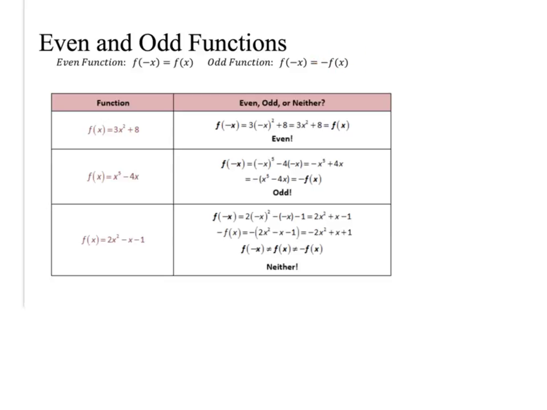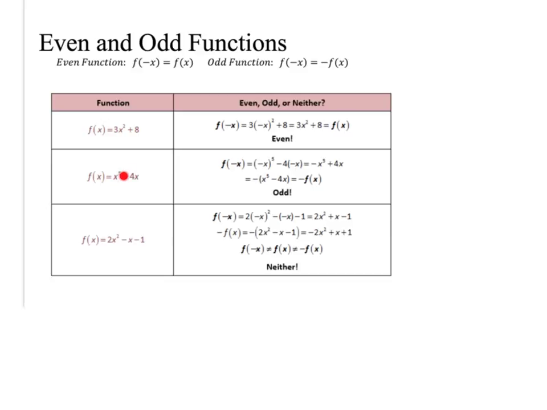So let's look at x to the power of 5 minus 4x. We're going to substitute negative x in for x, so we get negative x all to the power of 5 minus 4 times negative x. That's going to give us negative x to the power of 5 plus 4x. And comparing this final equation to the original equation, you can see that all the signs changed.